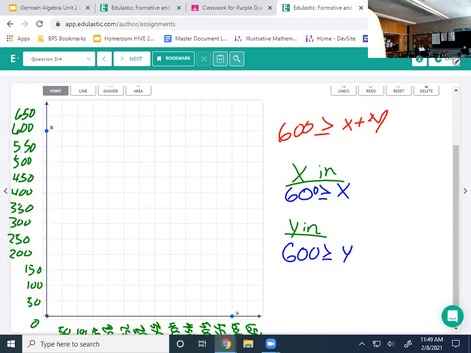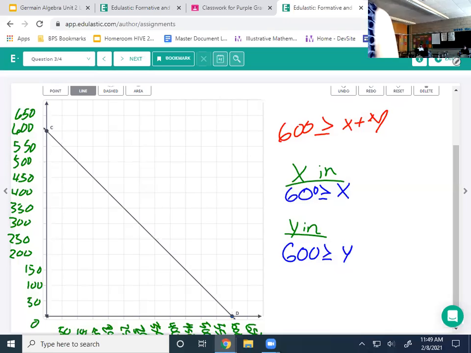So then I have to do what with those points? Connect them. Hitting my line button, connect them. What kind of line did you draw on it? Why? Very good, because it's or equal to. Very good. And then now we need to shade below or above. What point did you plug in to test?